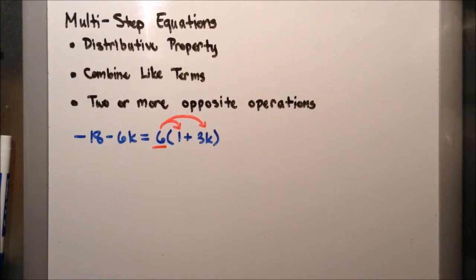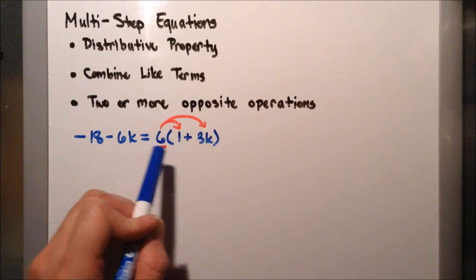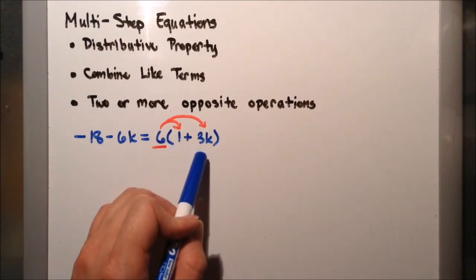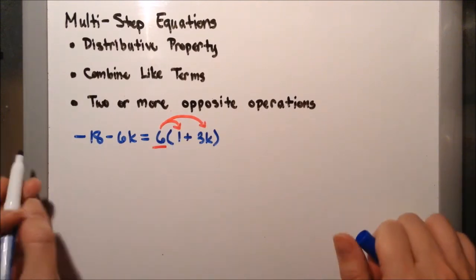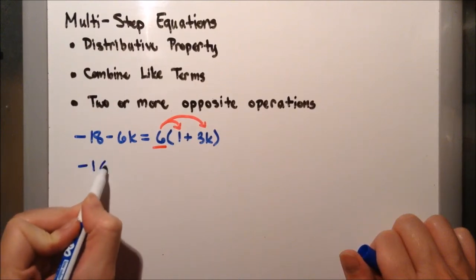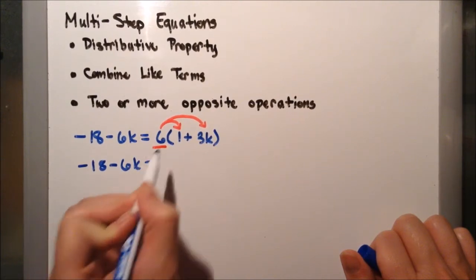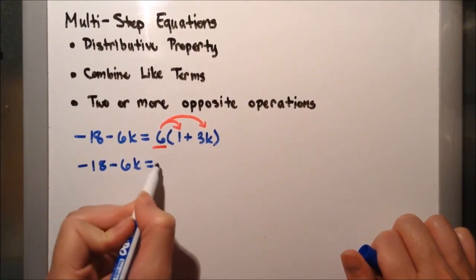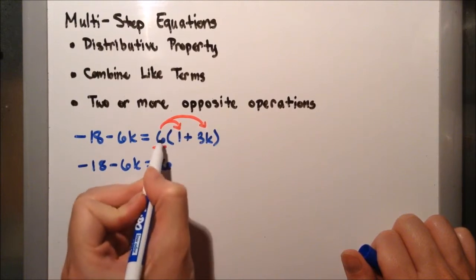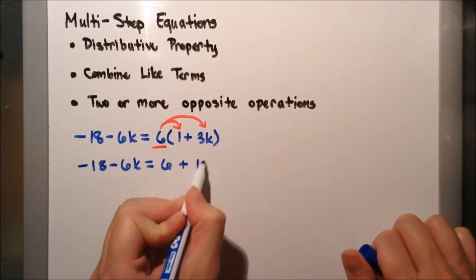So, when we do that, we're going to distribute the positive 6 into the positive 1 and the positive 3k. So, I'm going to bring down the left side. Minus 18 minus 6k equals positive 6 times positive 1 is positive 6. Positive 6 times positive 3k is positive 18k.